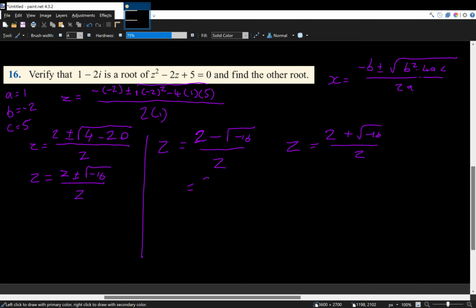So this is going to be 2 minus 4i over 2, which is equal to 1 minus 2i. And over here, it's going to be 2 plus 4i all over 2. So we're going to get 1 plus 2i, which is exactly what we got in the example above, but just done a slightly different way. And that is that.